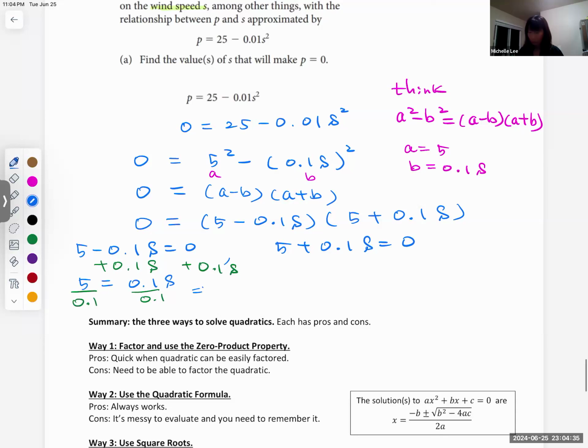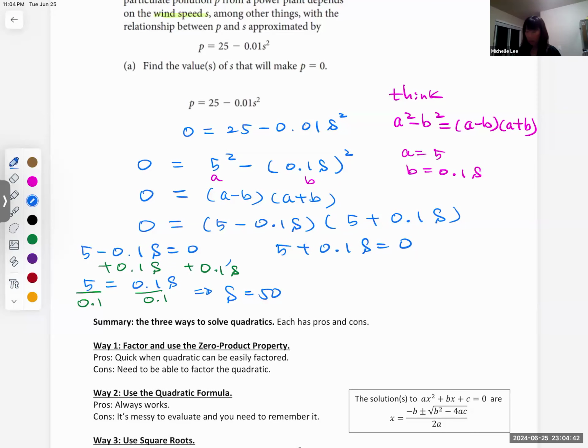So s equals, how much do we get? We get 50, right? Now this one is the same process. So minus 0.1 s on both sides, so we have 5 equals negative 0.1 s. Divide by negative 0.1, so s equals negative 50, right?